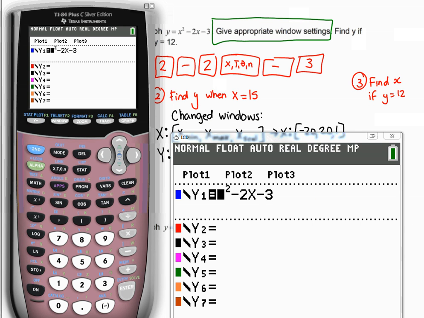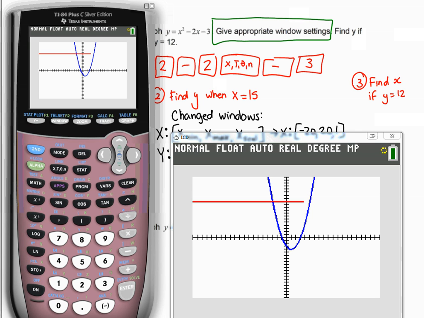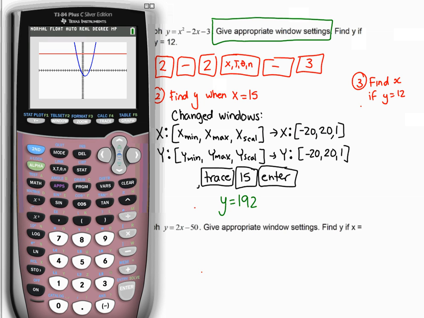Y equals, and y2 we're going to put it as 12. And then we're going to push graph. One answer or two? Two, because there's 2 intersection points.